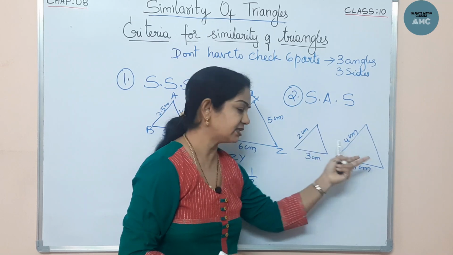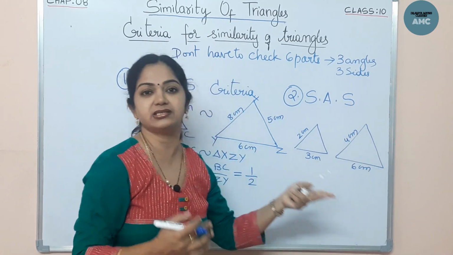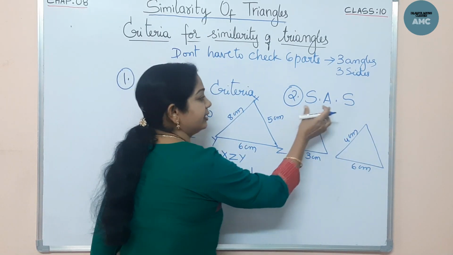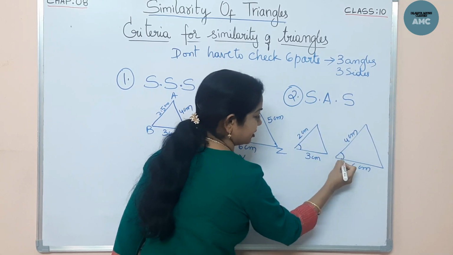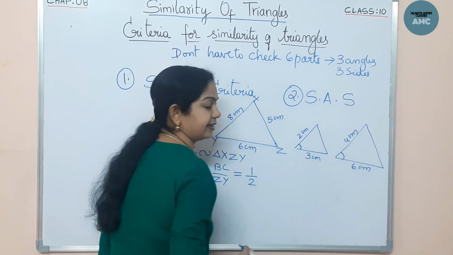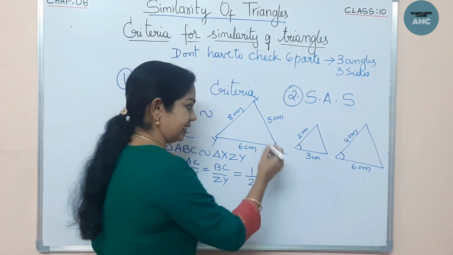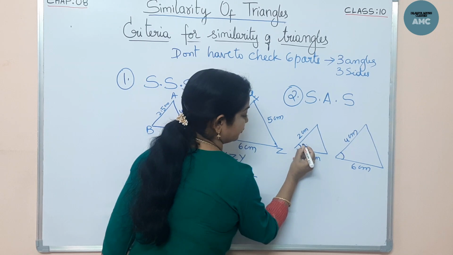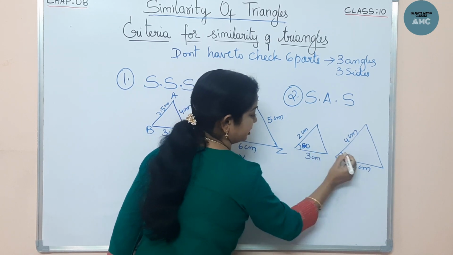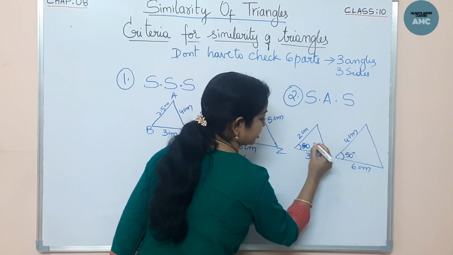They haven't given us the third side, but the included angle between these two sides, one angle is included. So these two are the same. Let that be, suppose, 50 degrees. So this is also 50 degrees.